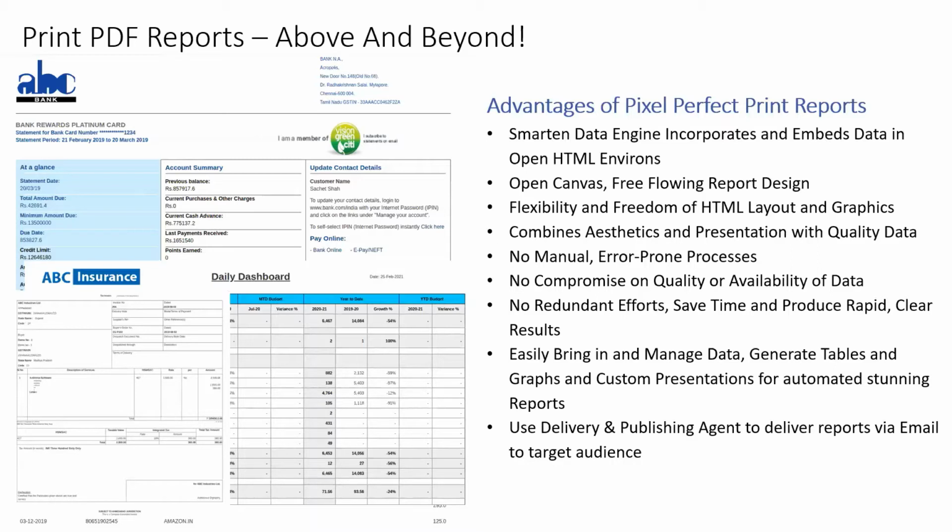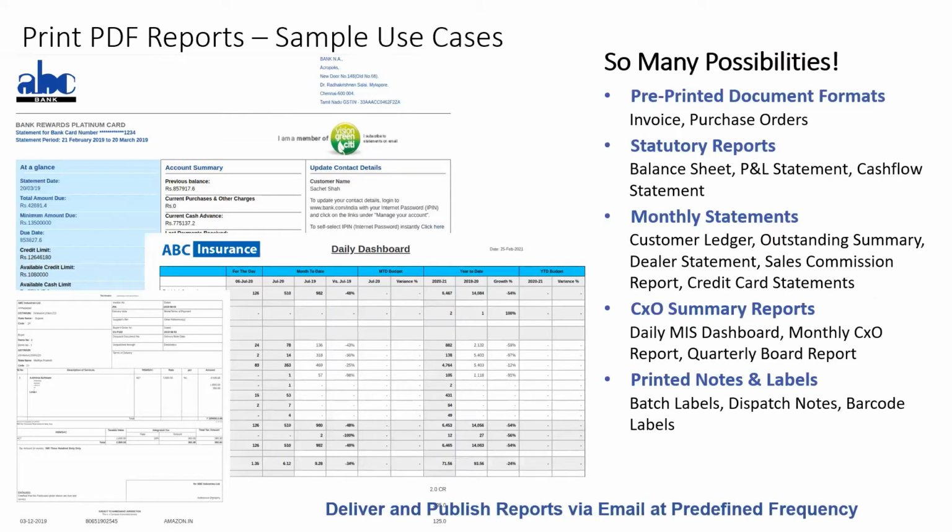So in summary, the Pixel Perfect Print reports give you full scale capabilities and freedom to design the layout in the way you want to fit any of your reporting requirements. There are so many possible use cases, and you all will find more as you see the product.